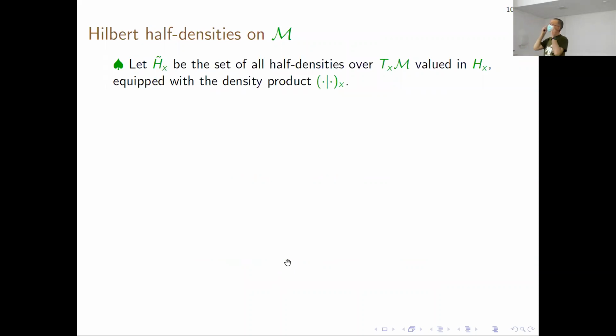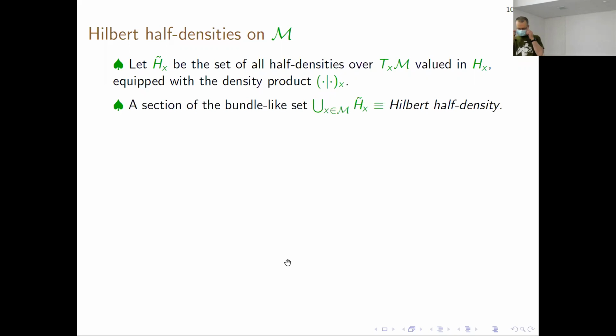Okay, now suppose that we again have this Hilbert space Hx. I can consider the set of all half densities over this tangent space, which are valued in the Hilbert space Hx. This set is equipped with the density product, which will be denoted by this symbol. Now, I can consider a section of the bundle-like set, which is a sum of all such sets of half densities.